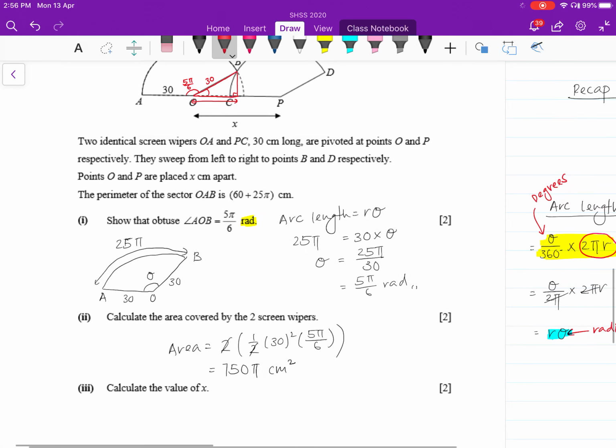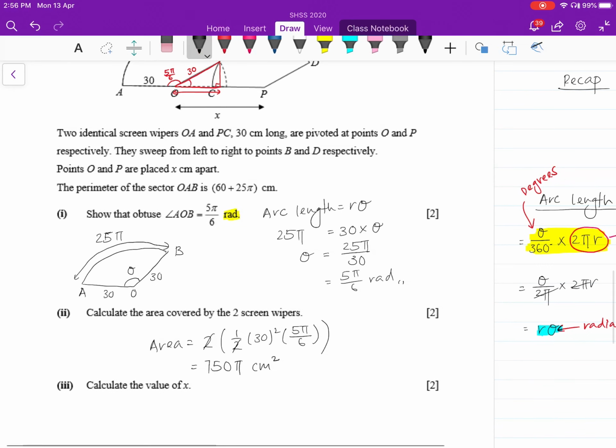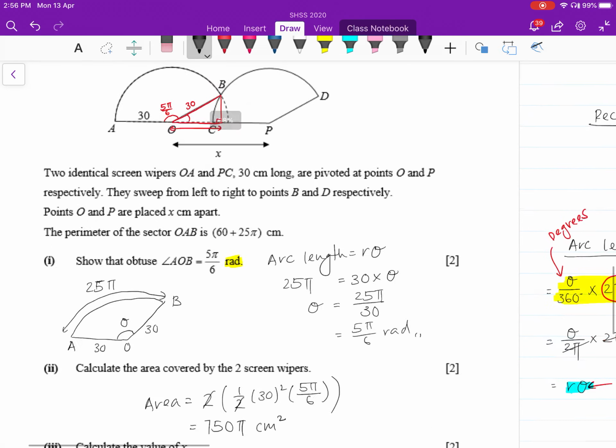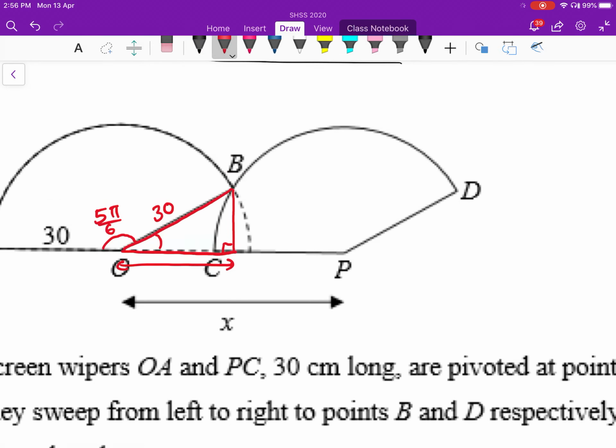But 180 degrees in radians is pi, like what we discussed just now. So angle BOC is pi minus 5 pi over 6, and that will give us pi over 6.